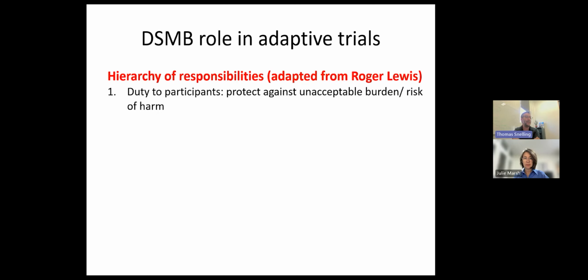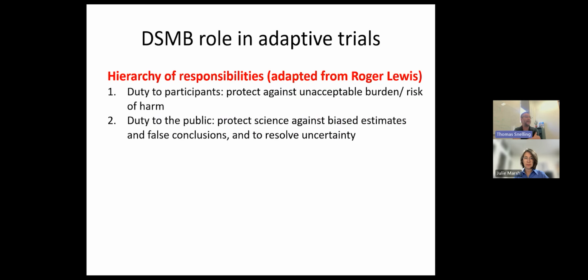It always has to be the number one responsibility, that they need to be protected against unacceptable burden and unacceptable risk of harm. Obviously, any trial is going to pose burden and some risk of harm to participants, but it has to be acceptable. And the DSMB is there to make sure that throughout the trial that is always the case.